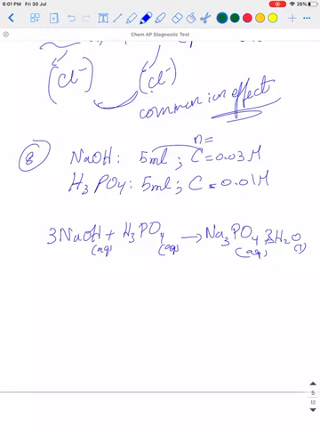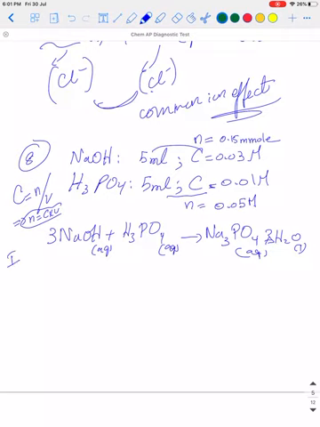Here, I can calculate the number of moles in millimoles, no problem. 0.03 multiplied by 5 is 0.15 millimole, based on the fact that C equals n over V, which means n is C times V, don't forget. So I multiply, and that will be 0.01 times 5, which is 0.05.